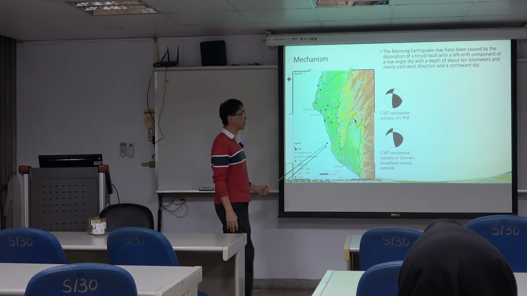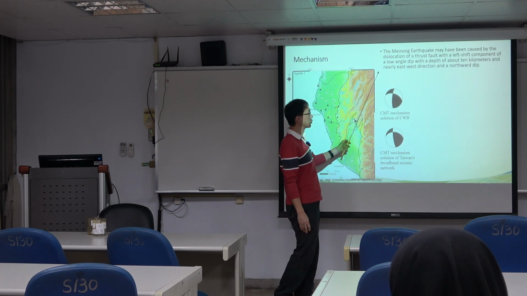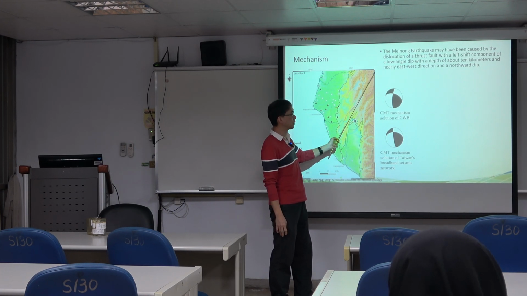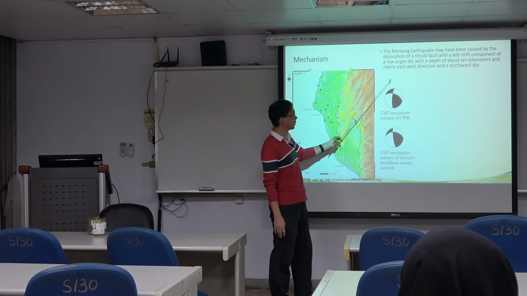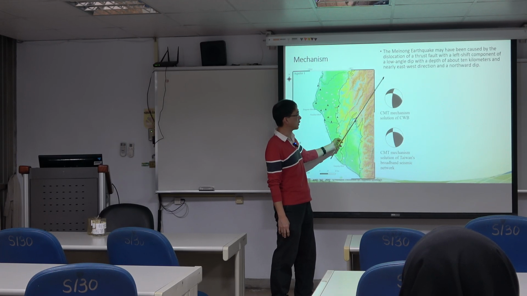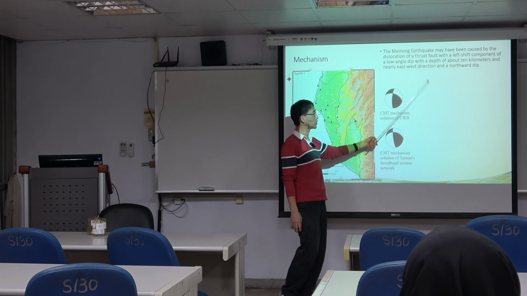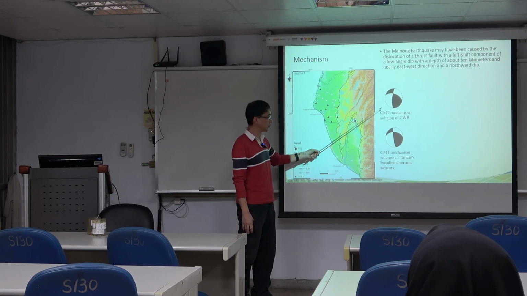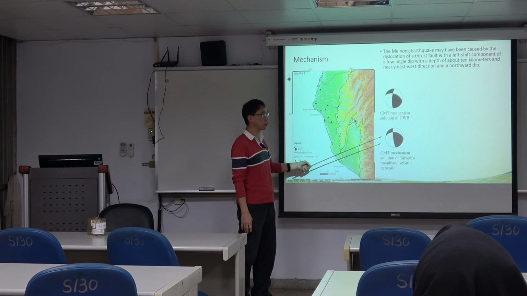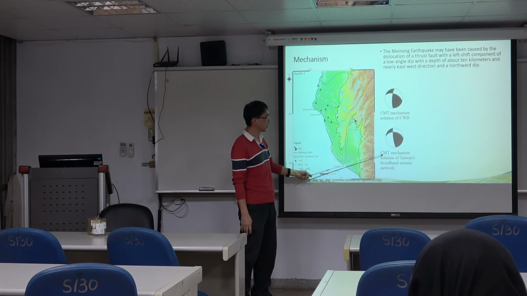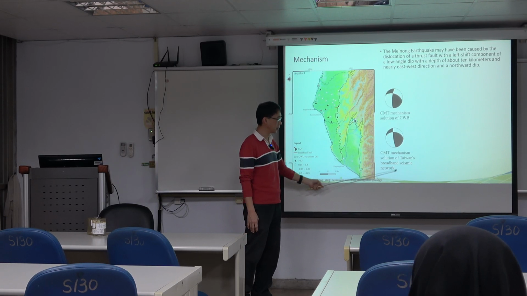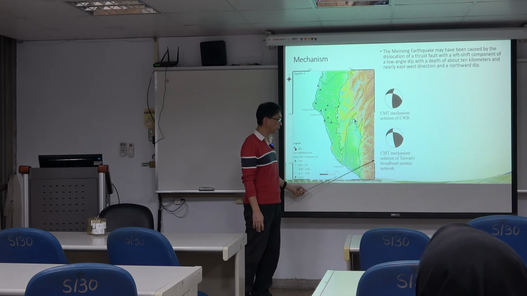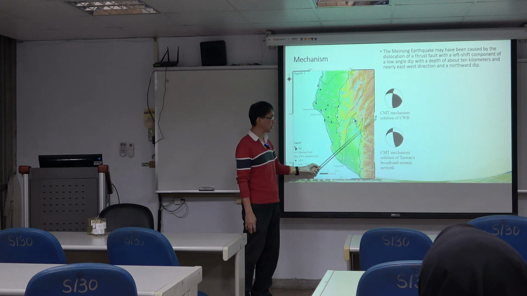The mainshock may have been caused by the dislocation of the thrust fault with a left-shift component, of a low angle dip with a depth of about 10 kilometers, in a nearly east-west direction with a northwest dip. So this is the focal mechanism for the earthquake events. Although we have 2 kinds of announcements, this one is from CWB, and this one is from another broadband seismic network, they are similar.